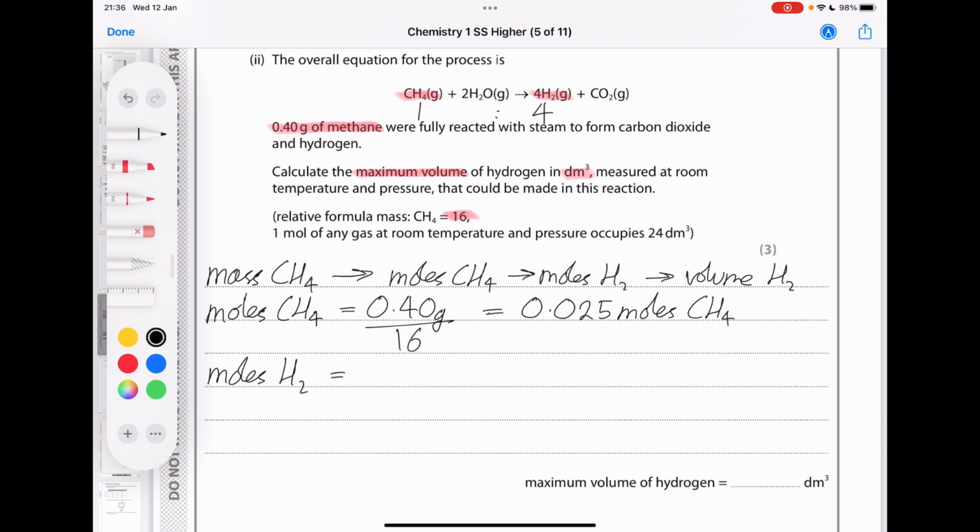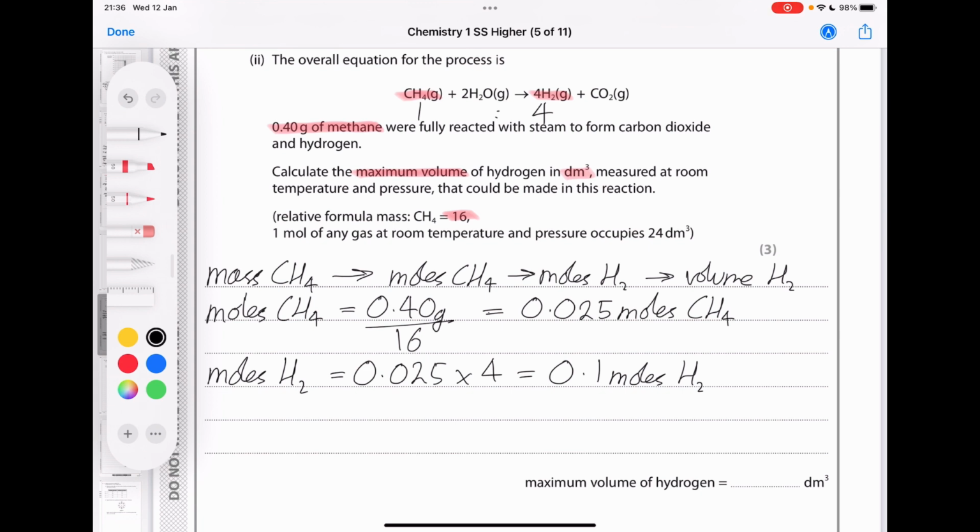Whatever value my methane is, my hydrogen is 4 times that. So it's going to be 0.025 multiplied by 4, which means I have got 0.1 moles of hydrogen.